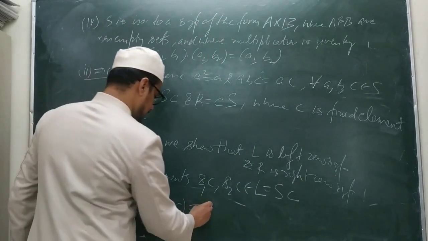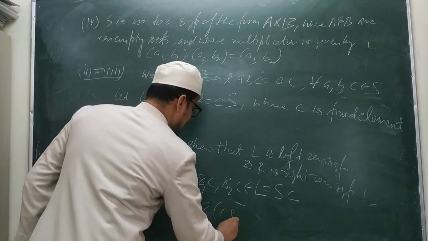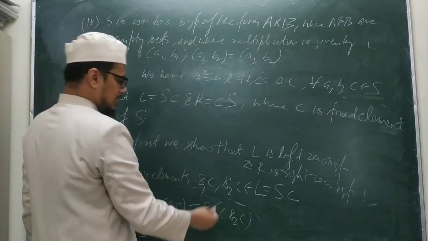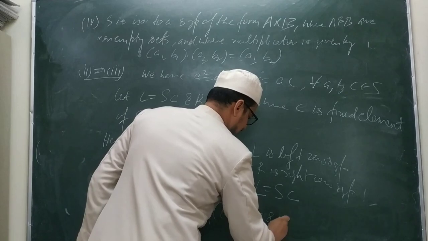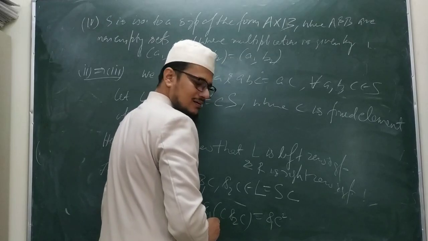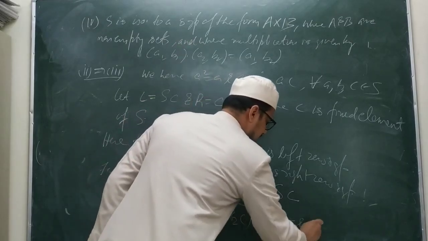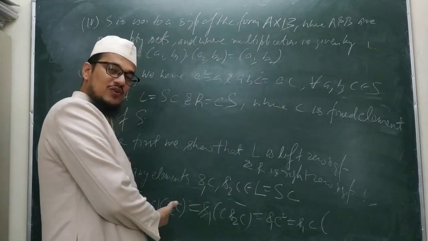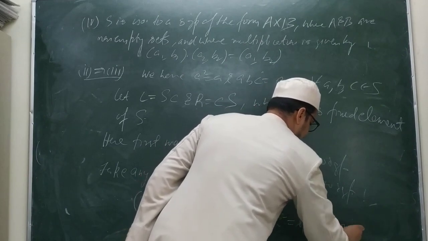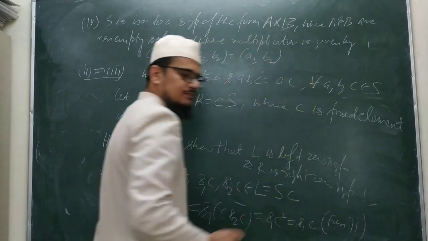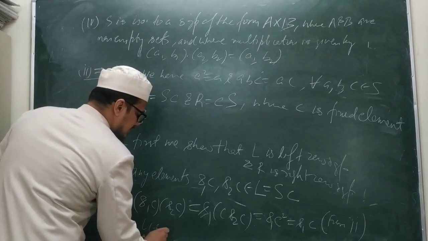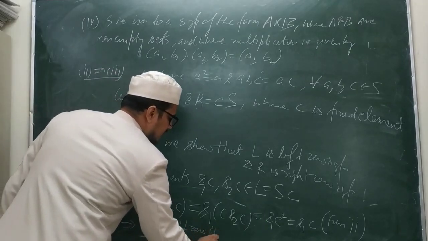But how does it come? See, you can also write S1 into CS2C. Now you know very well what conditions you have: CS2C will be written as S1 into, since abc is ac, it will be C square. And this will be S1C. So it is what? Reduced semigroup. You can write from the given condition, just write second. This you have. So it implies that L is a left zero semigroup.